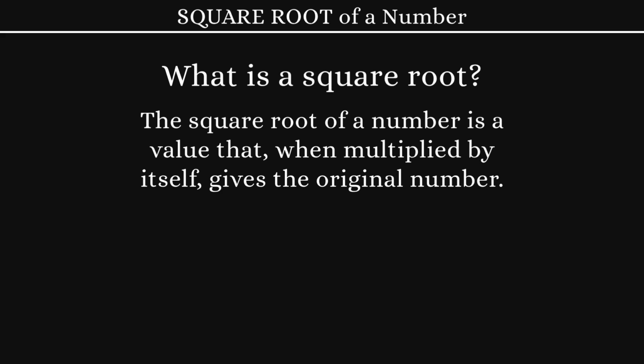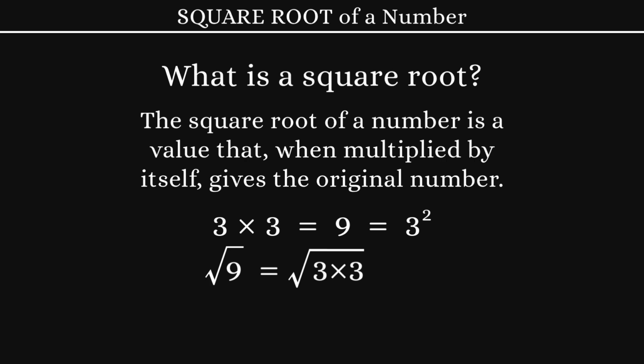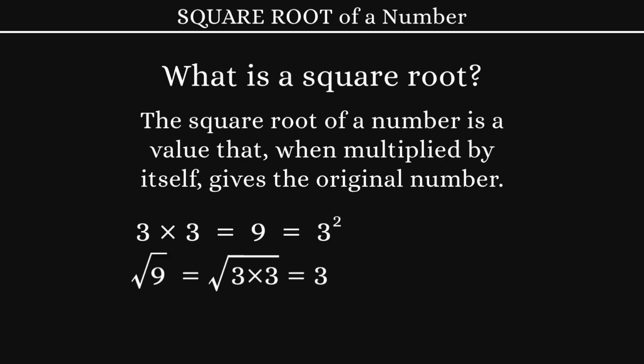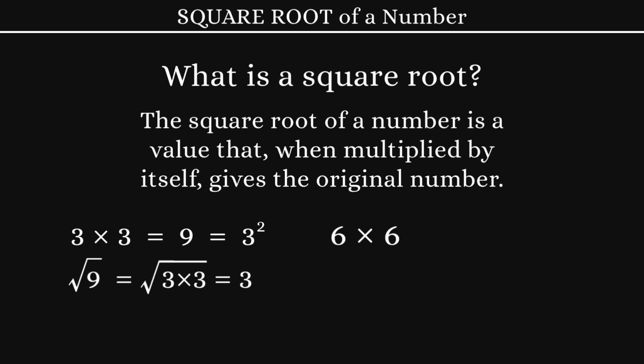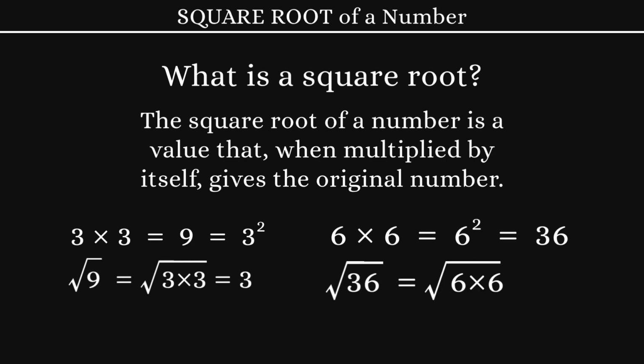For example, 3 into 3 is 9, which is 3 squared. Now, square root of 9 will be a number which, when multiplied by itself, will give 9, and that is 3. Similarly, we can also say 6 into 6 is 6 squared, which is 36. So, square root of 36 is 6.